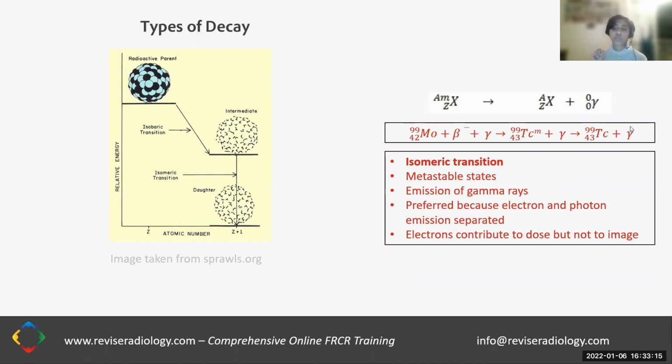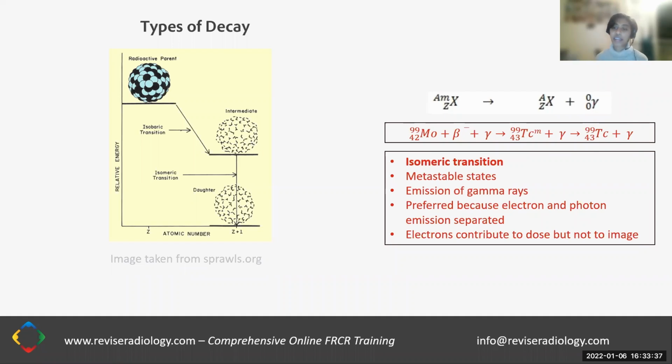Okay, so we use isomeric transitions in imaging because the emission of the electron or the beta minus particle and the emission of the gamma photon happen at different times. And the reason we prefer it is because we don't want the electron emission to happen in the patient's body.